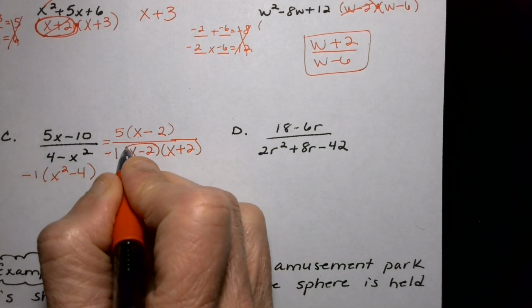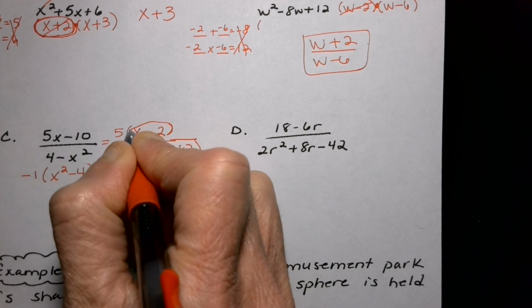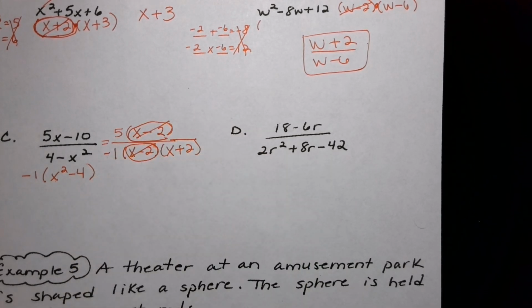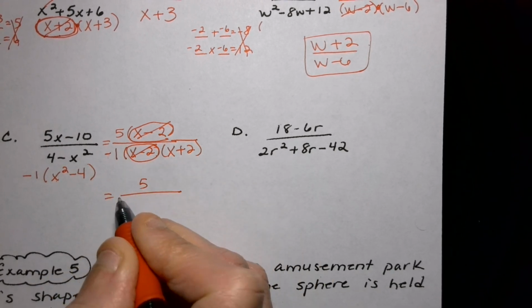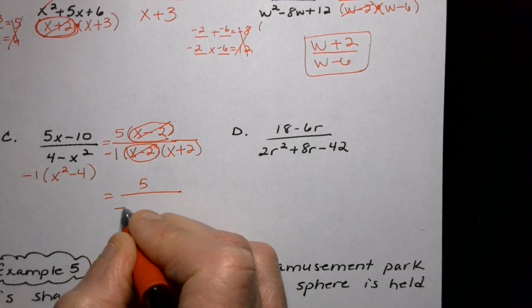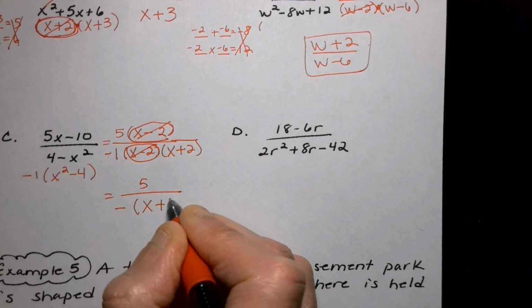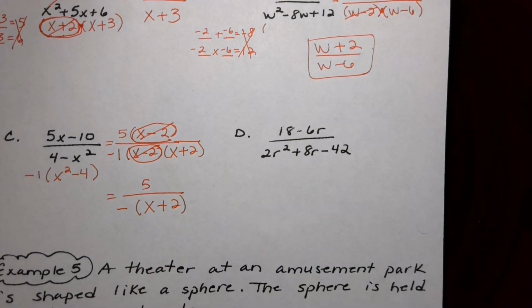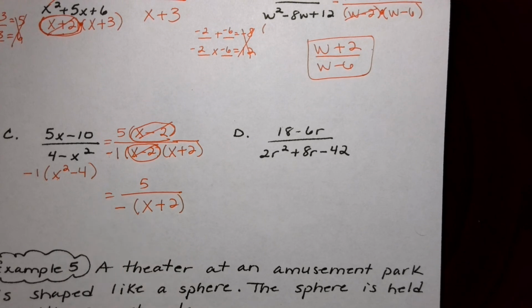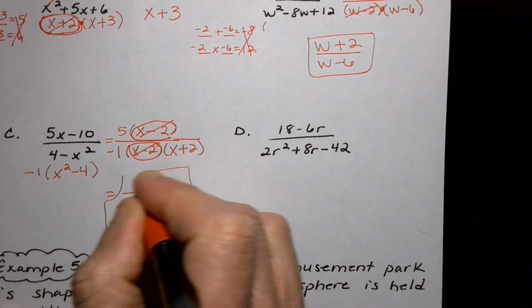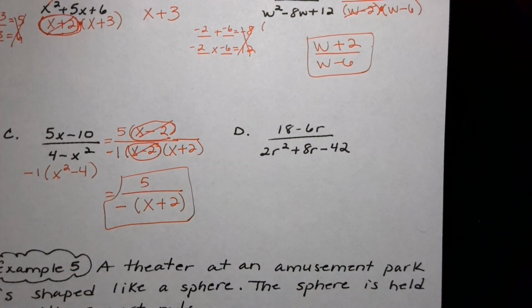So again, as a whole, we can cross that off and that off. And I'm left with a 5 on the top and a negative x plus 2. You can put the 1 if you want. You don't have to. You can put the negative in front of it. There can only be one negative. All right, D.